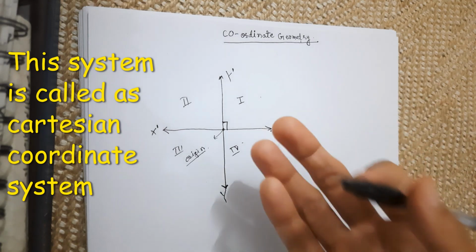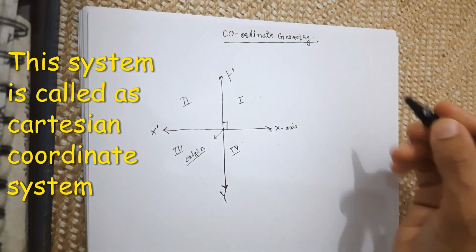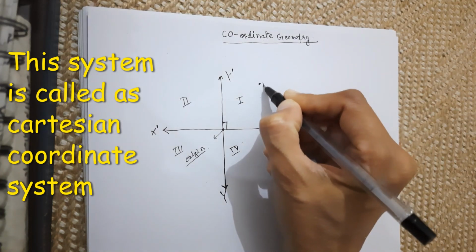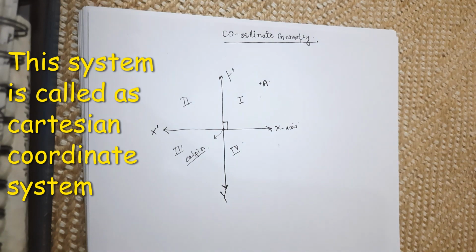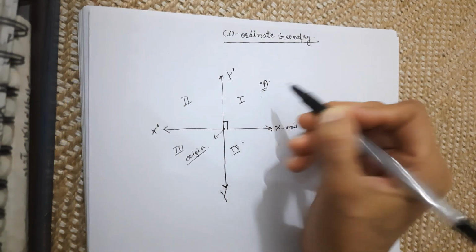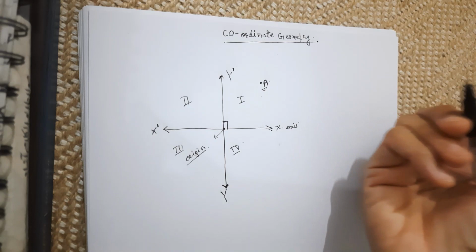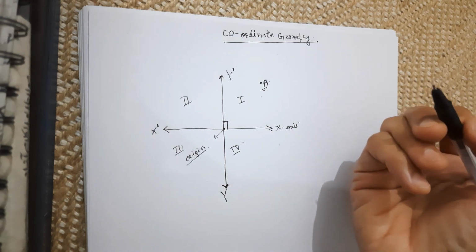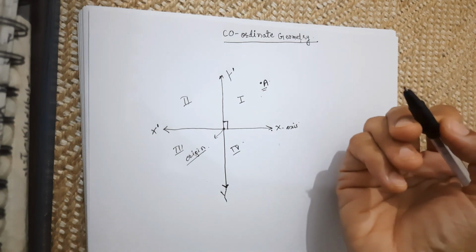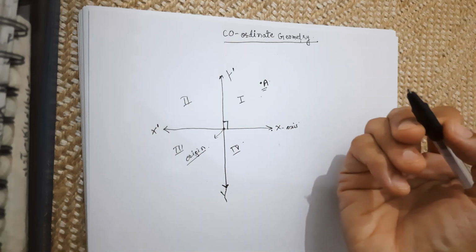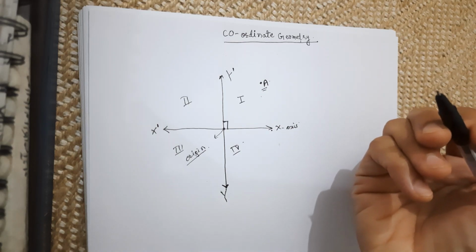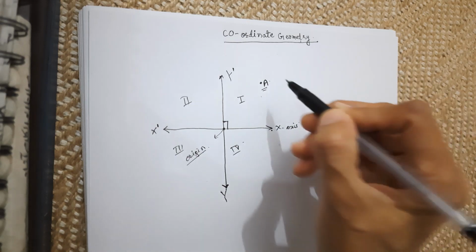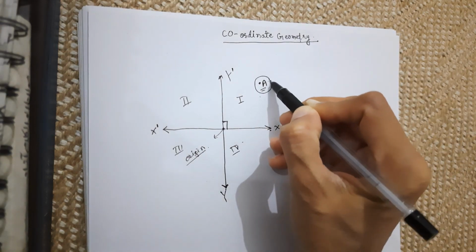Now why do we need this axis system? Suppose I have a point A here, and if I want to know the location of this point, we all have home addresses, right? We have some landmark or some street name, house number, flat number, so that a person can properly reach us. The same thing happens with points in a plane.